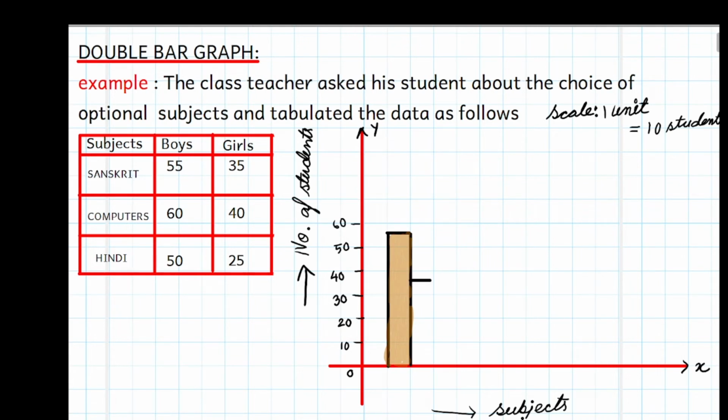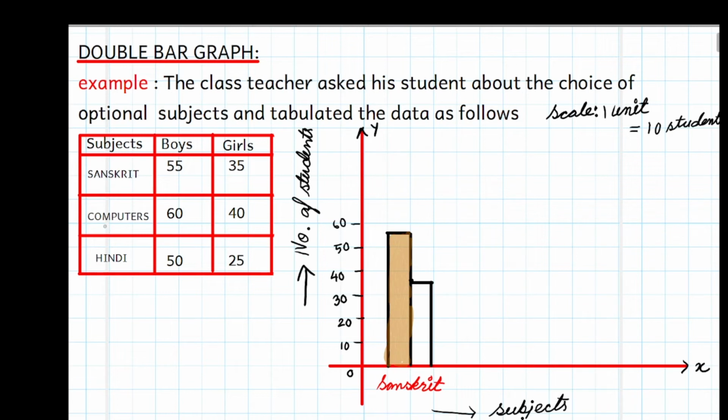So it will be 35. Then for girls, I will keep it white only. So this is for which subject? The subject will be Sanskrit. Next, you have to give the same gap.